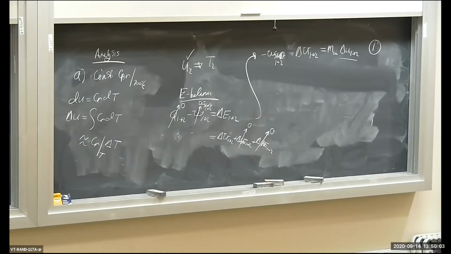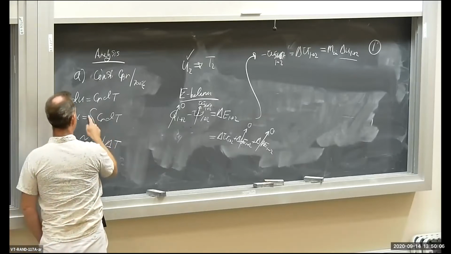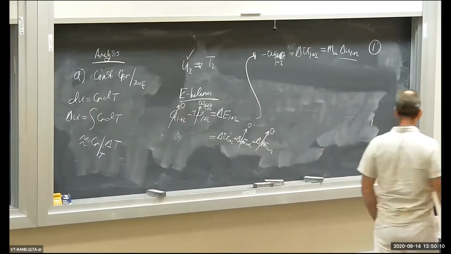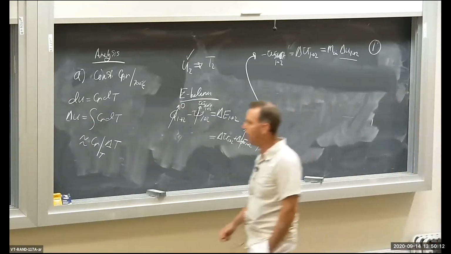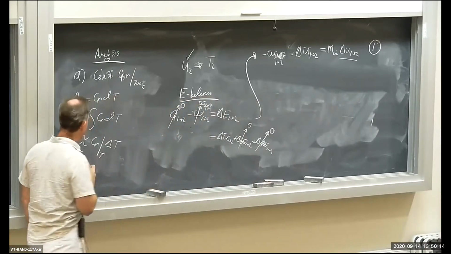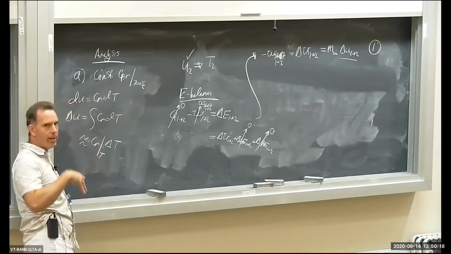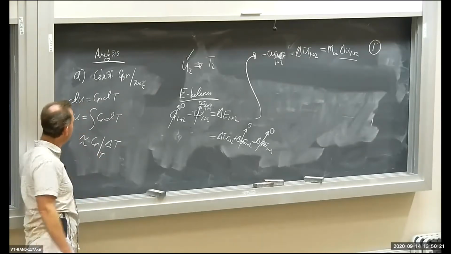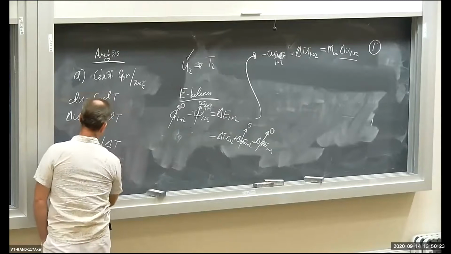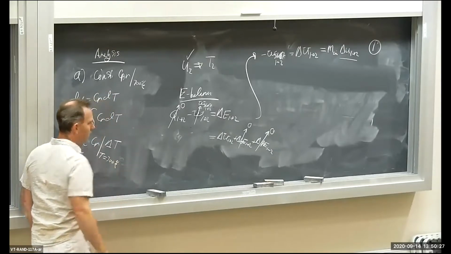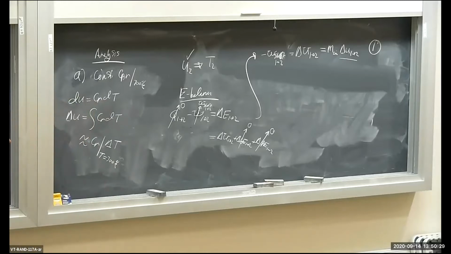I'm going to pull it out of the integral, and I get CV delta T. In our case, we're going to evaluate it at 300 degrees Kelvin. That's 27 degrees C, so that's room temperature approximately.